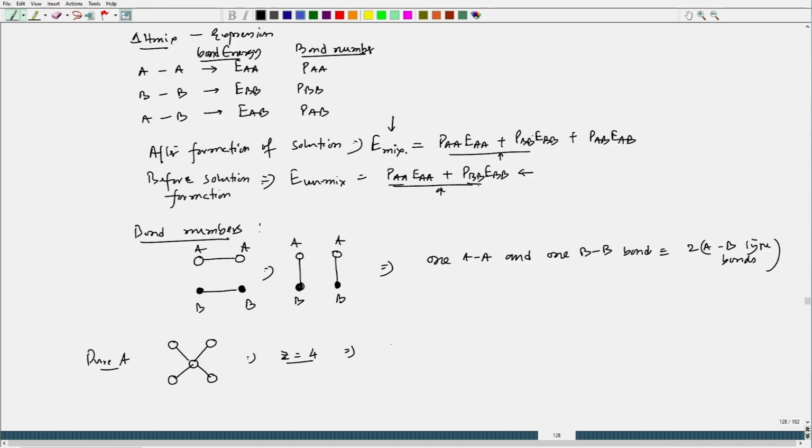Now, when we talk about A type bond, considering that all are A, each A atom, how many bonds will it have with all the other A atoms surrounding it. So, this is one A atom, this is another A atom. When we join them together, if we consider this A, then this A is forming one bond and this A is also forming another bond.